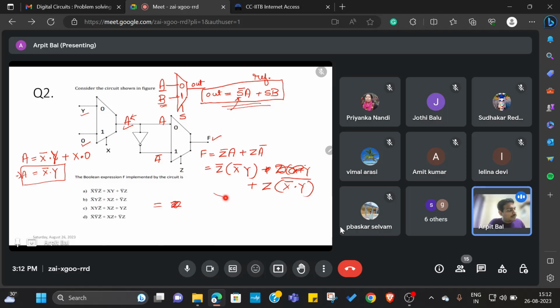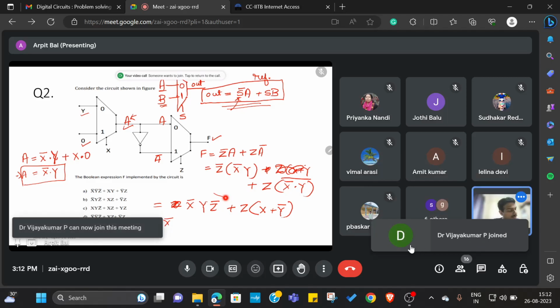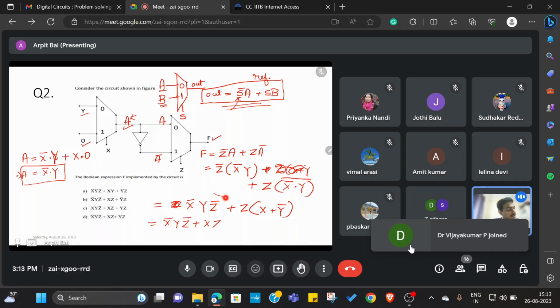So we will have x bar y z bar plus z. Here we can use De Morgan's law, so we will have x plus y bar. So we can write it as x bar y z bar plus x z plus z y bar. So this is our option B.